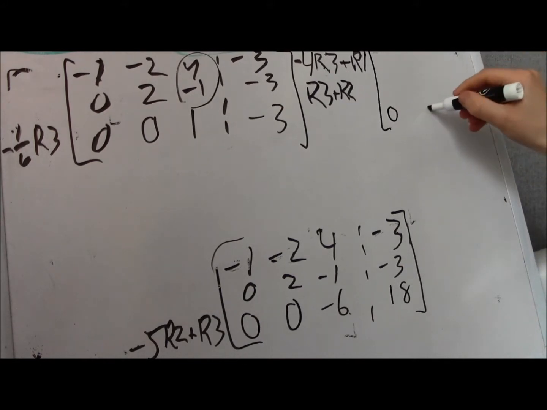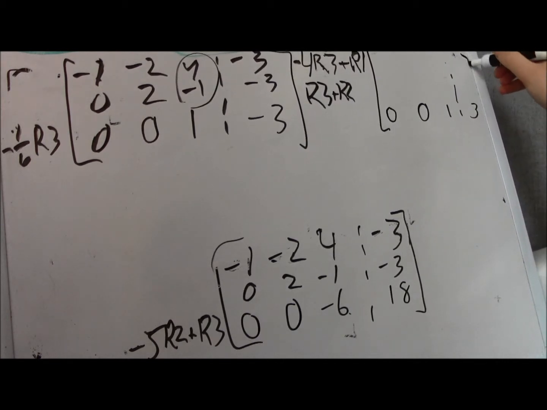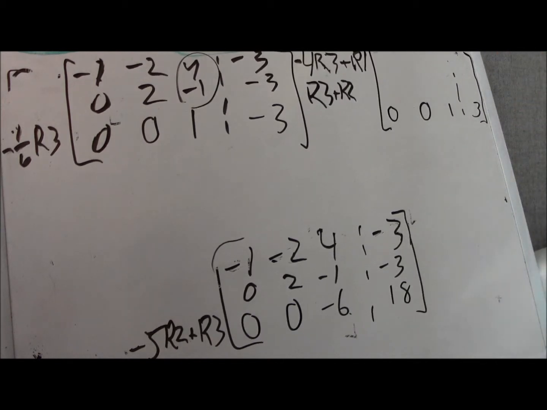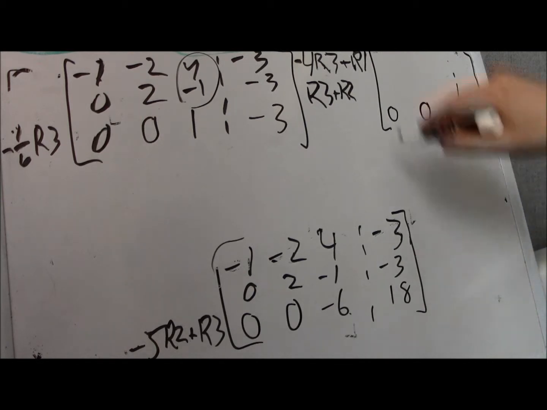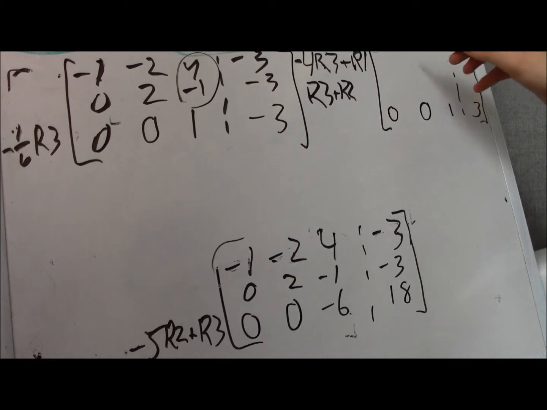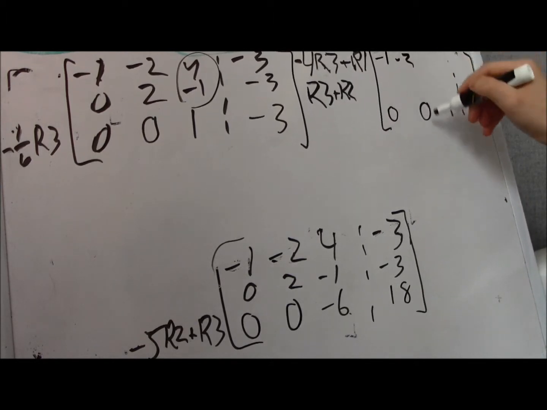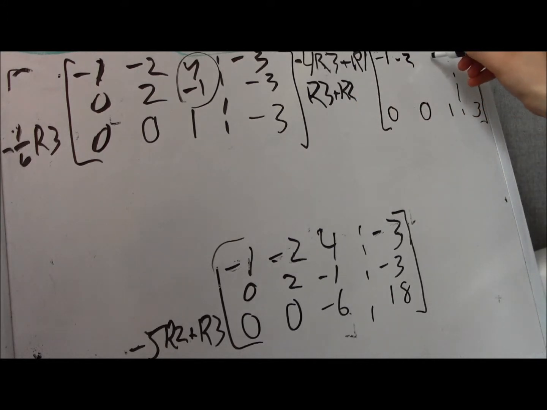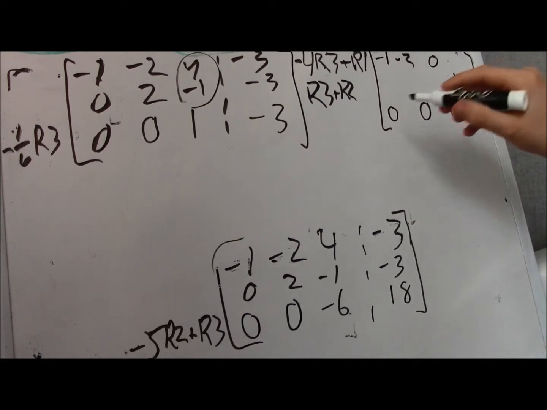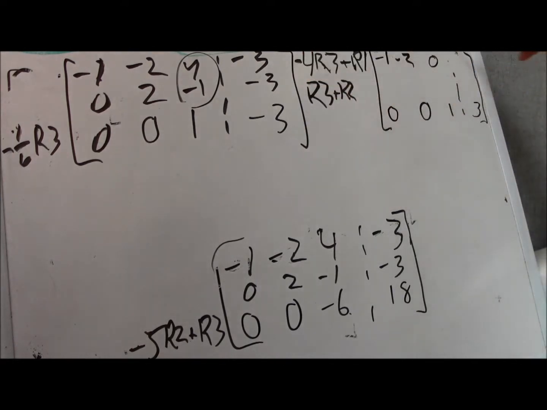So this row doesn't change. And we just add them up, so we're adding zeros to these two, so these ones don't change. -4 plus 4 is 0. And then 12 minus 3.